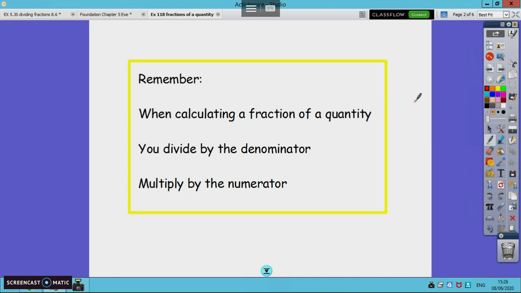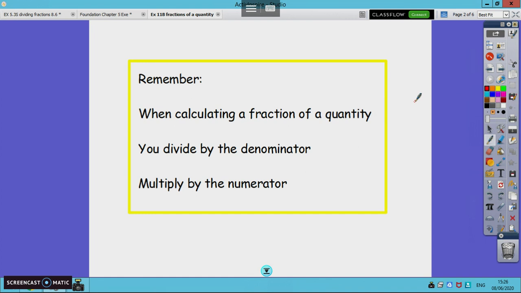Here's something I'd like you to write into your books, please. Write it and then put a highlighter or a box around it. I'd like you to write these steps down. Remember, when calculating a fraction of a quantity or a fraction of an amount, they mean the same thing.